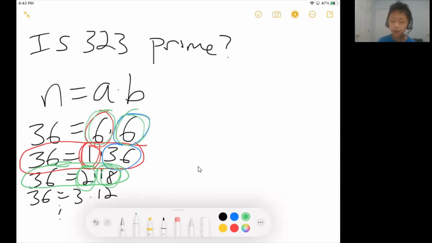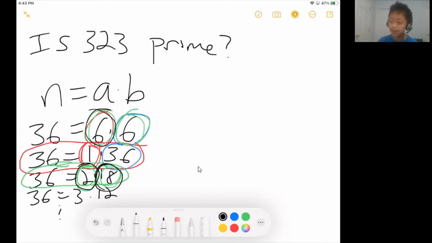So in general, if you have 36 equals A times B, then A is less than or equal to 6, and B is greater than or equal to 6. You can think of 6 as being in the middle: exactly one of these numbers is going to be less than or equal to 6, and the other is going to be greater than or equal to 6.